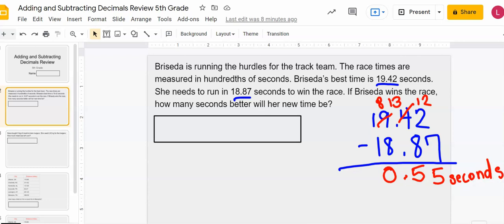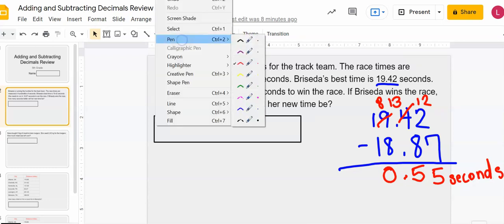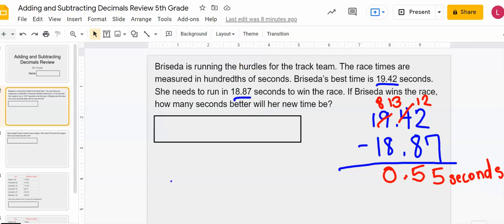So another way that I would have thought about this problem is thinking even about a number line, because I'm finding the difference between these numbers.